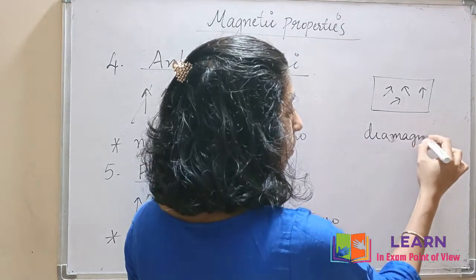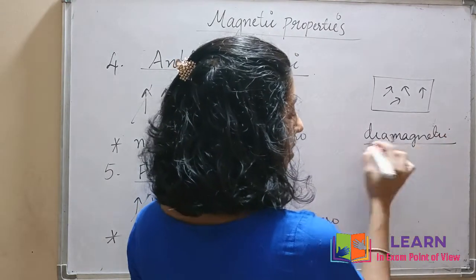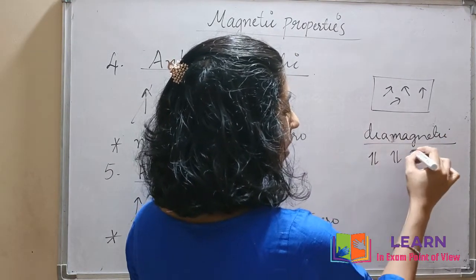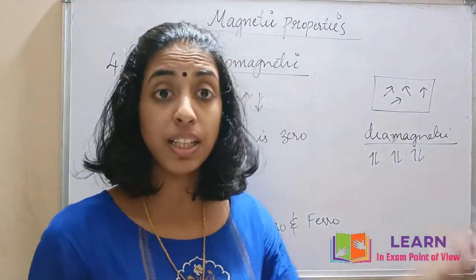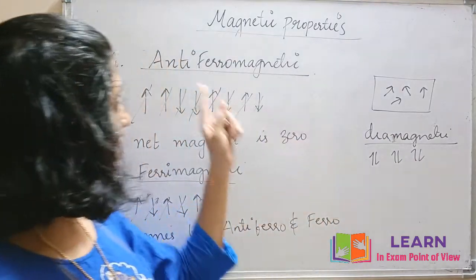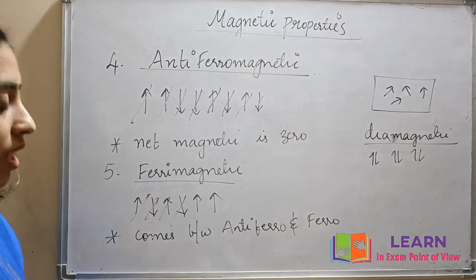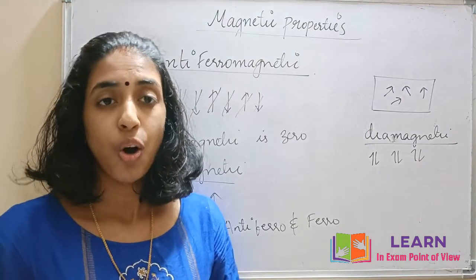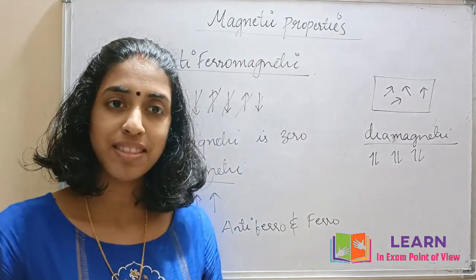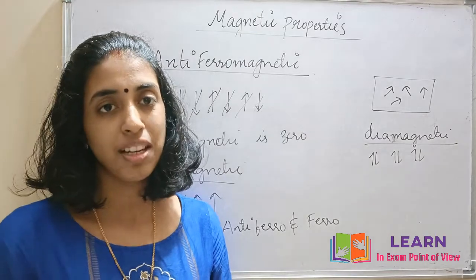You can include that point also. Everything is paired, so in diamagnetic the net magnetic moment is zero. Similarly, in antiferromagnetic the net magnetic moment is zero. So I hope it is clear. Next class we can continue. Till then, bye.